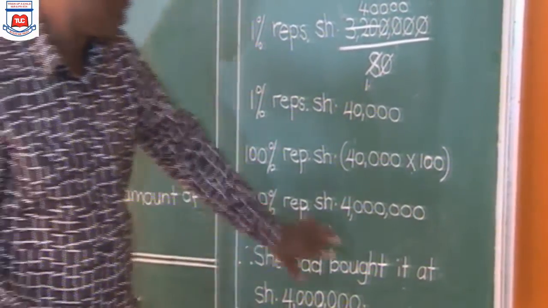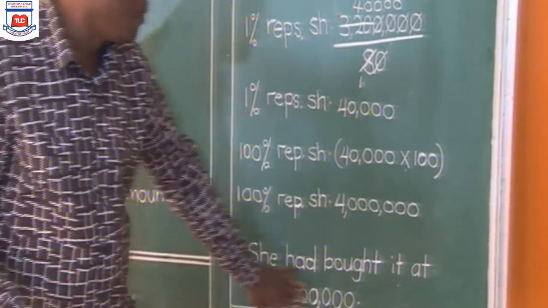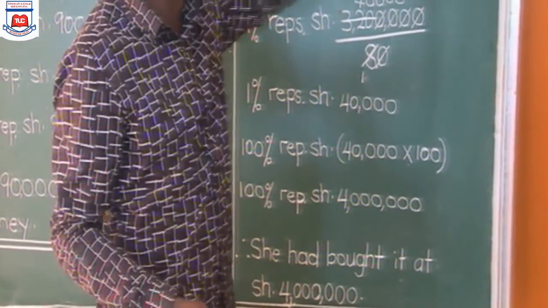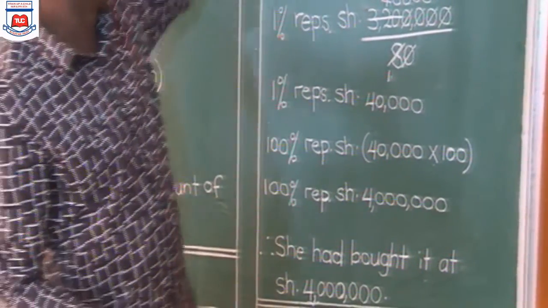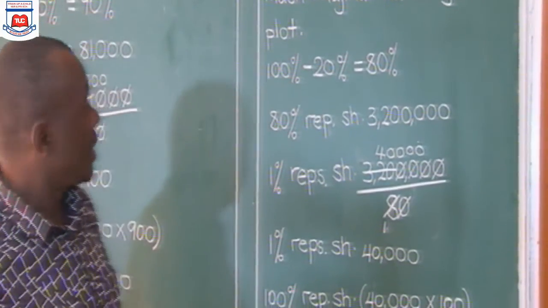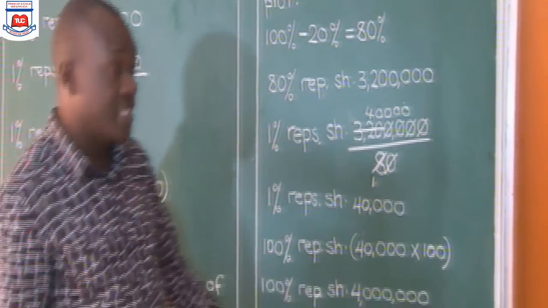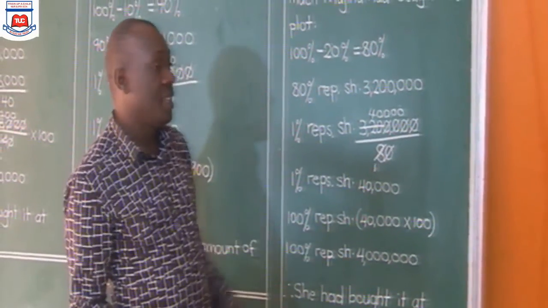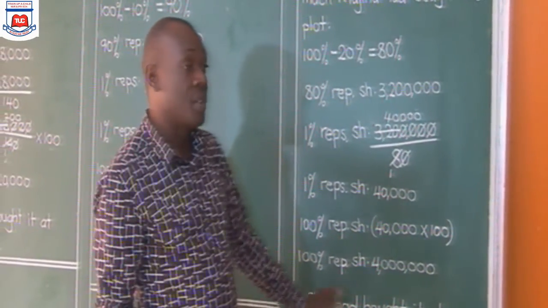Magina had bought this plot of land at 4 million shillings, selling it at 3,200,000 shillings, thereby incurring what's called a loss of 20%. It should be noted that when one buys highly and sells at a low amount like it is here, one gets what's called a loss.